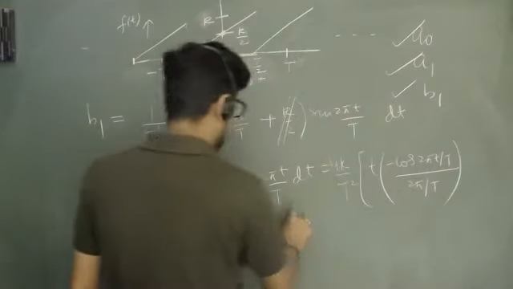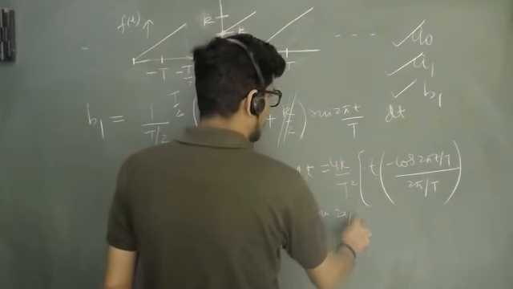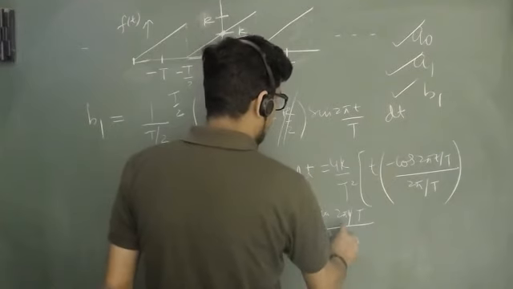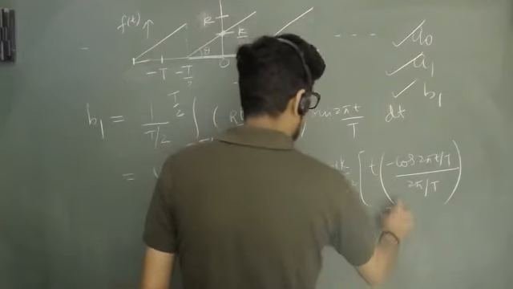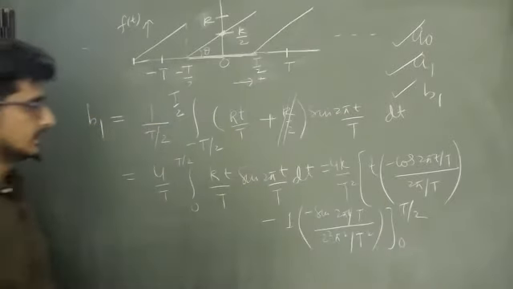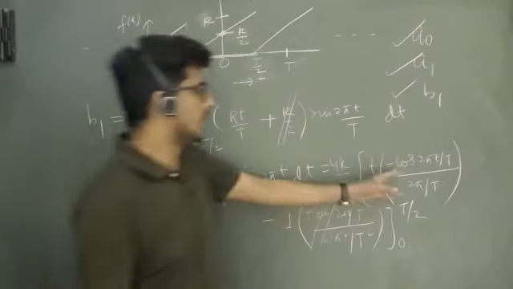And minus derivative of first term and integration of second, it will become minus sine 2 pi t by t over 2 square pi square by t square, and it will be 0 to t by 2, right? So this term will not exist, right? और इसका lower भी exist नहीं करेगा.